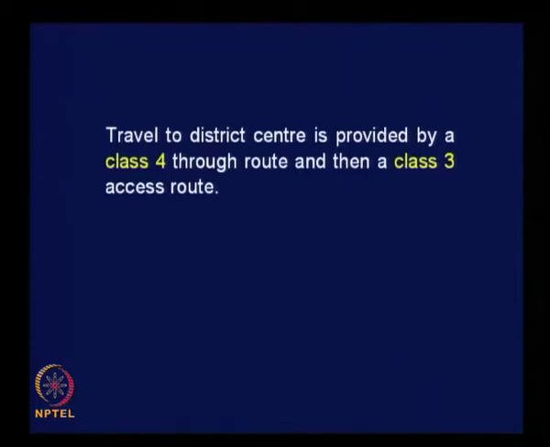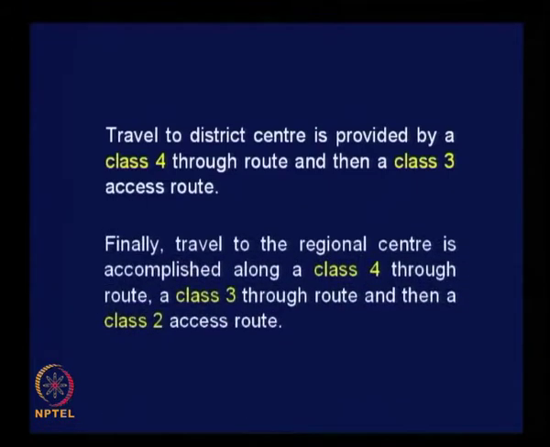So, to summarize again the features in respect of mobility, travel to district center is provided by a class 4 through route and then a class 3 access route, and travel to the regional center is accomplished along a class 4 through route, then a class 3 through route again, and then a class 2 access route.